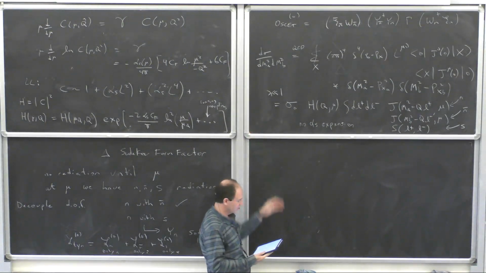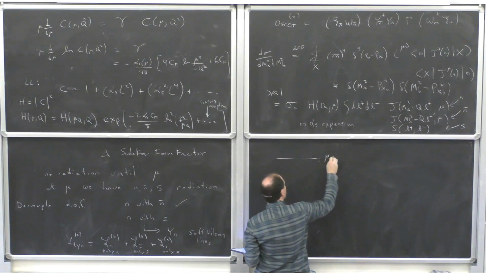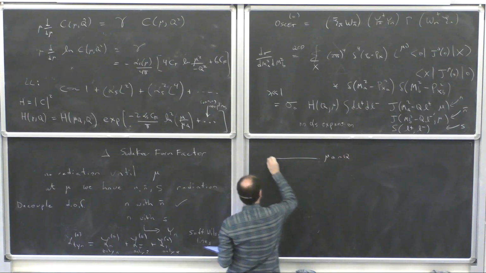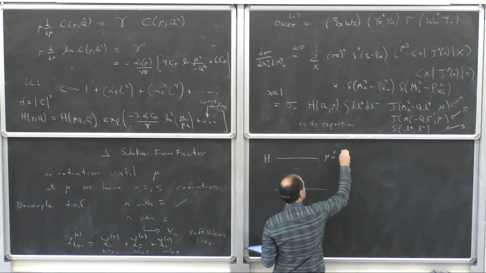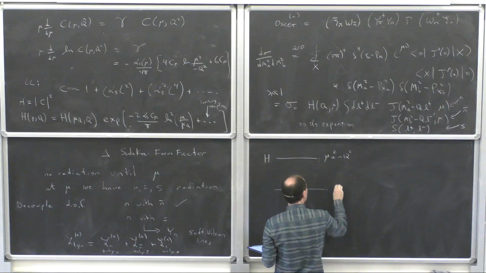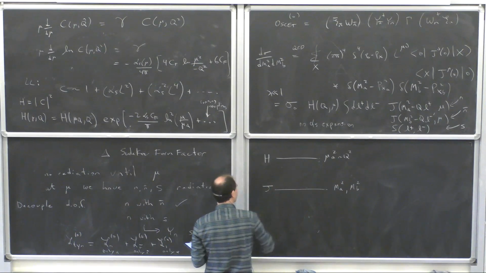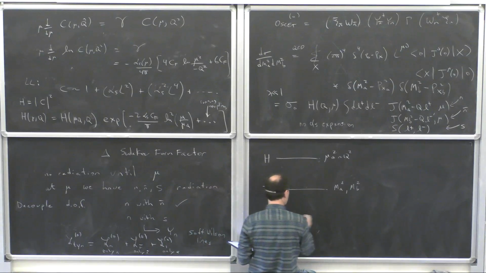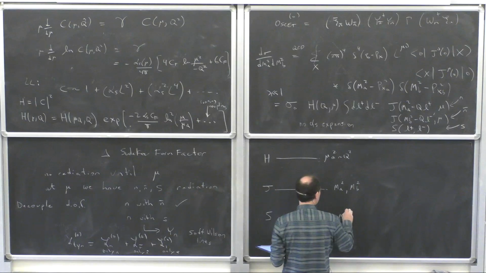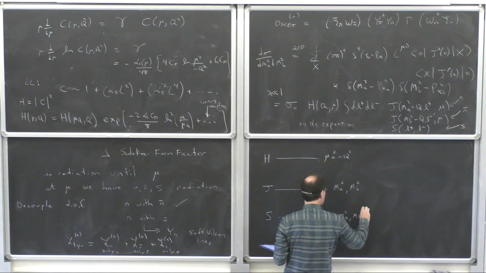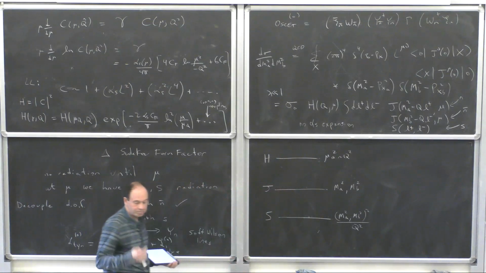It sums logs, and if you build a picture of what's going on, you have this hard function, which I'll say lives at q squared. You've got this invariant mass scale, ma squared and mb squared, and the jet functions live down at that scale, and then you have the soft function, and it lives at ma squared, mb squared, all squared over q squared, one step smaller.